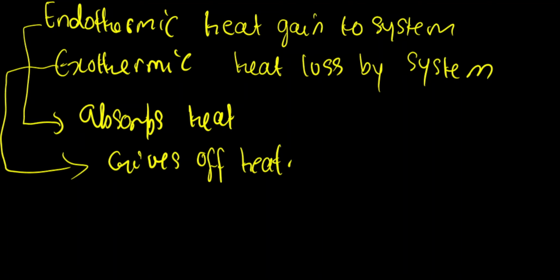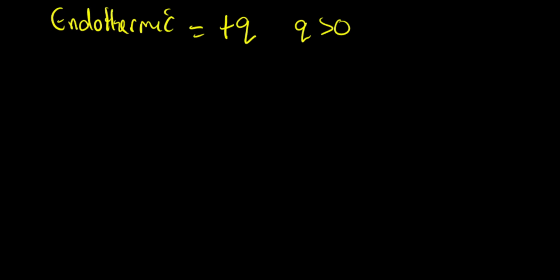Now, how does this relate to enthalpy? Having established that an endothermic reaction absorbs heat, so there's a heat gain, and we already define heat gain as positive Q. Now, when Q is greater than 0, this has an implication on the enthalpy, and it means that the enthalpy would also be greater than 0.